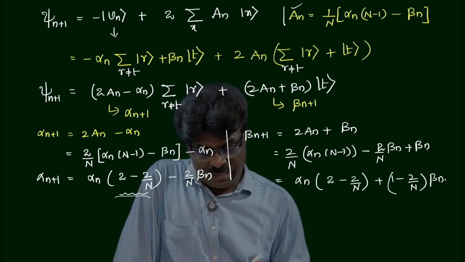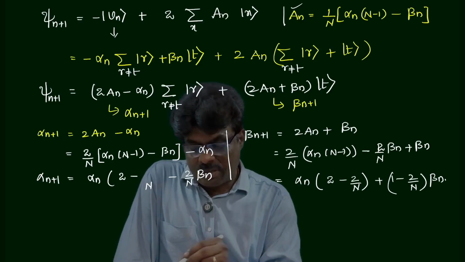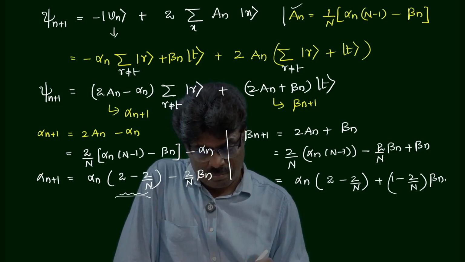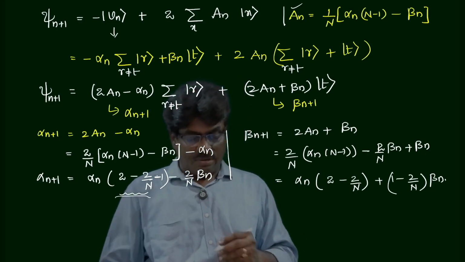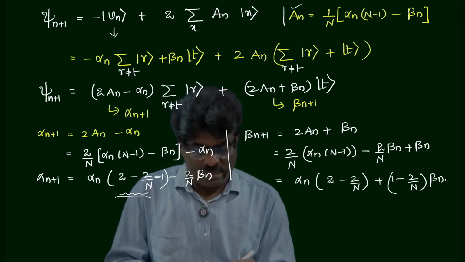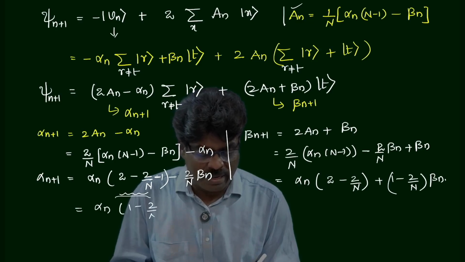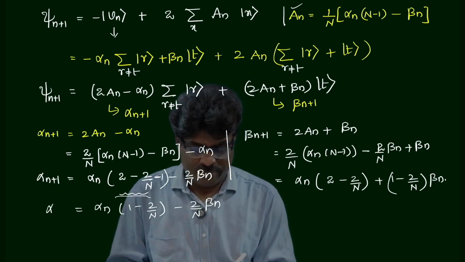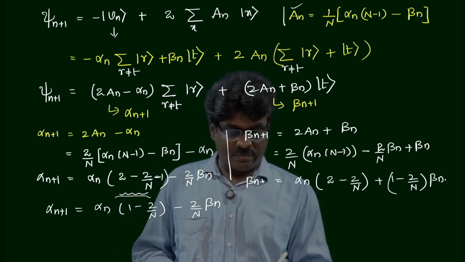So this is a minus 1, sorry. Minus 1. So then this is nothing but alpha n times 1 minus 2 by n, minus 2 by n into beta n. That's it. So here we got beta n plus 1.